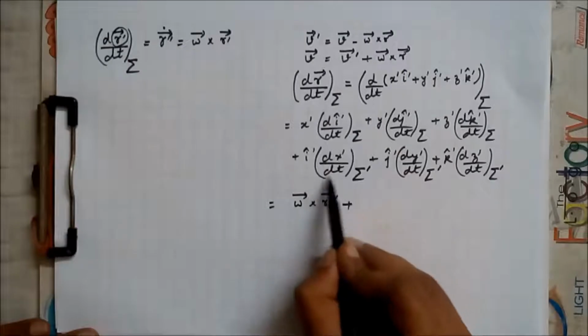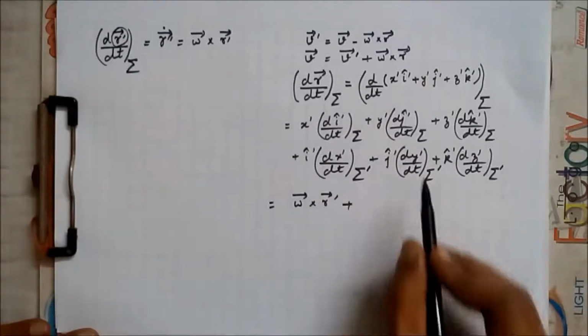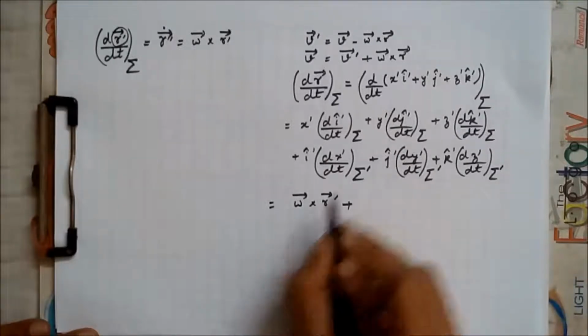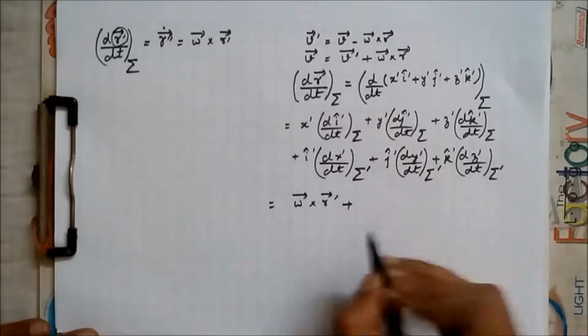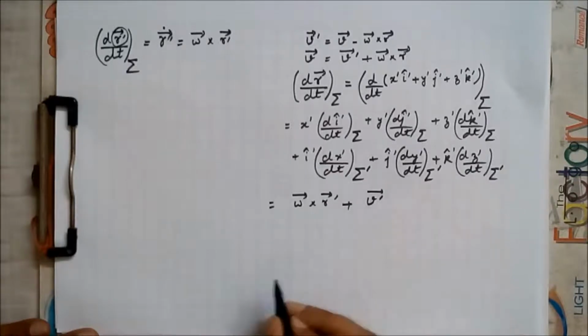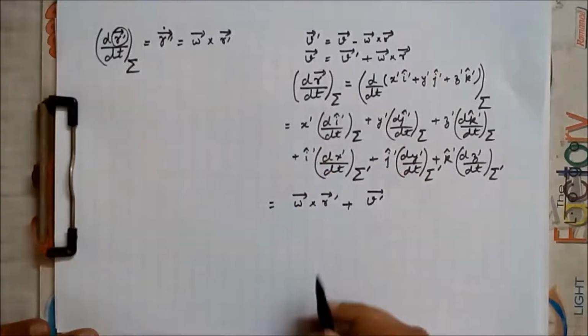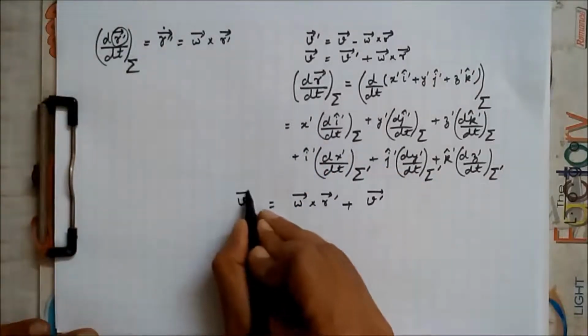So this is just the x component of velocity as seen from the primed reference frame, and similarly for these. So this whole expression simply becomes the v primed vector, and dr by dt as done from the sigma frame is just the v vector.